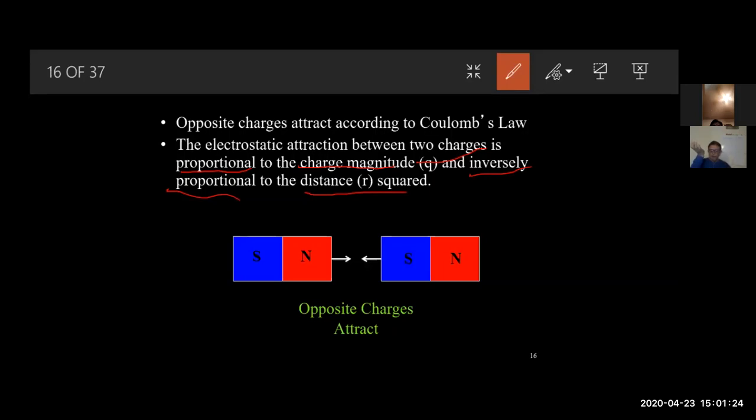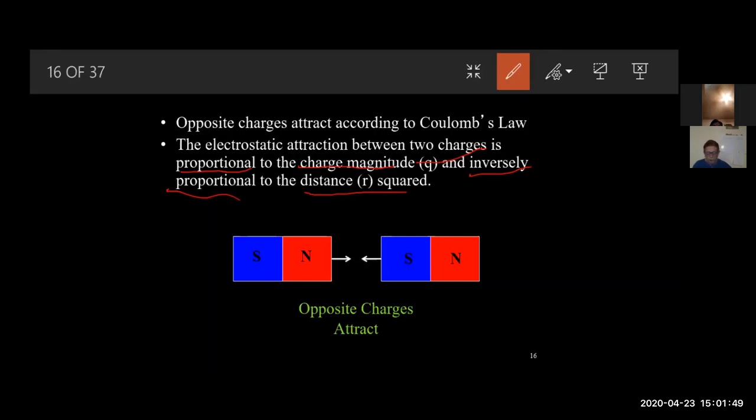But it drops by the square of the distance between them. So if the distance starts off at, say, 1 centimeter, and then you double it to 2 centimeters, now that force is 2 squared, so it's 4. It is reduced by a factor of 4.